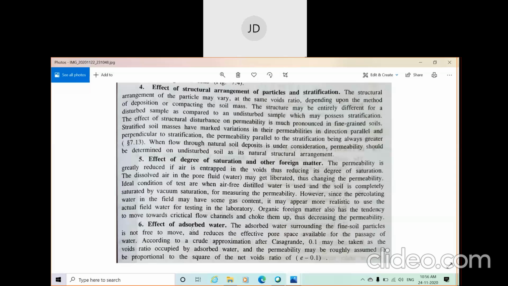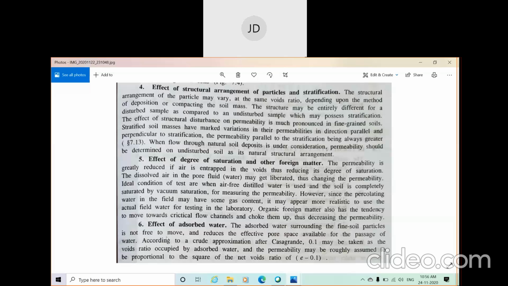This adsorbed water mainly exists in fine grained soil. The adsorbed water surrounds the fine soil particles, especially clay particles, or silt also, but especially clay particles. Adsorbed water surrounding the fine soil particles is not free to move. That means it acts as a part of the soil. It is not like pore water, it is like structural water.